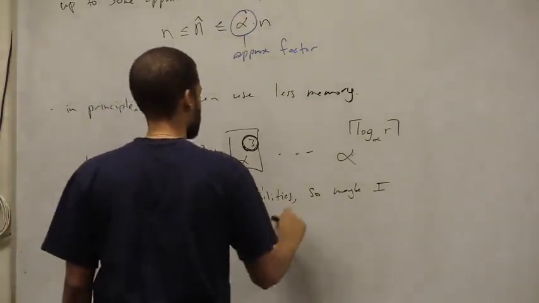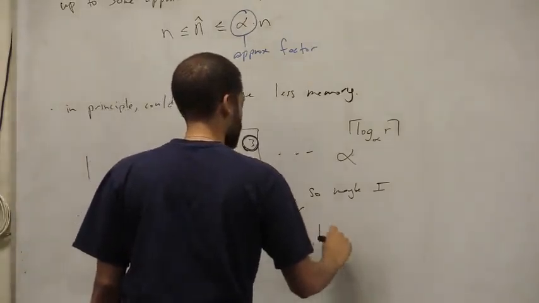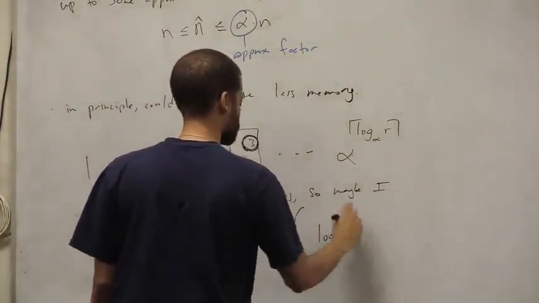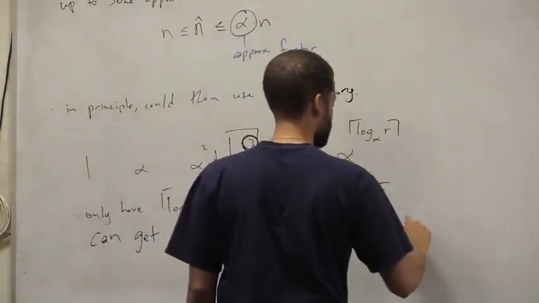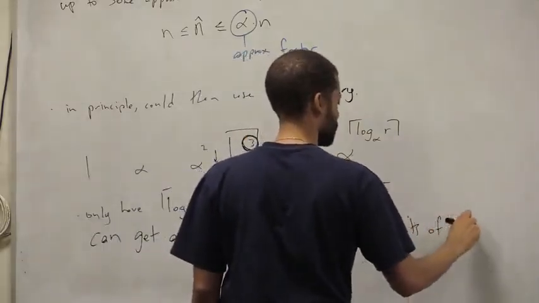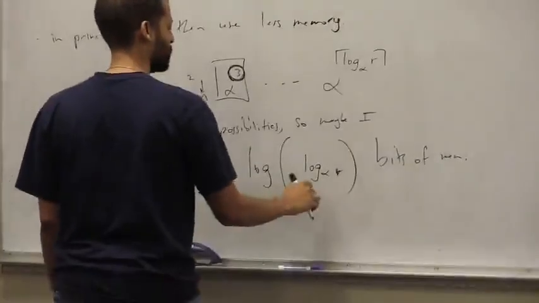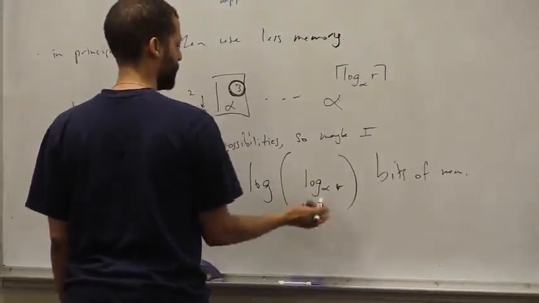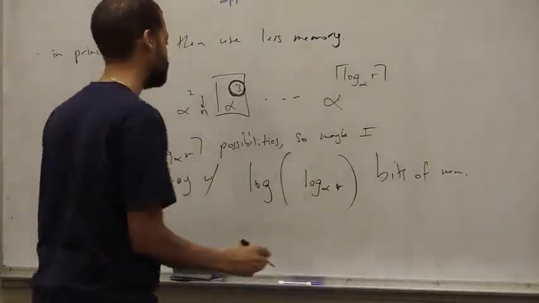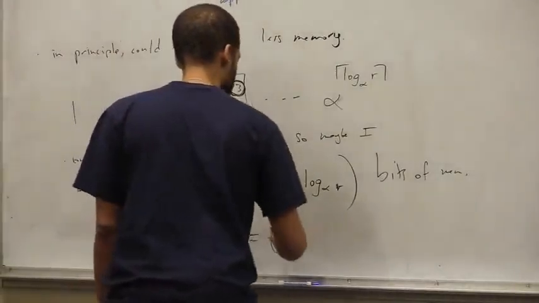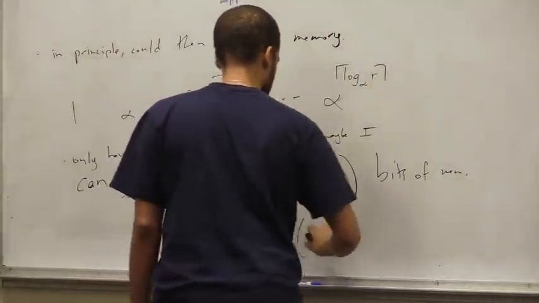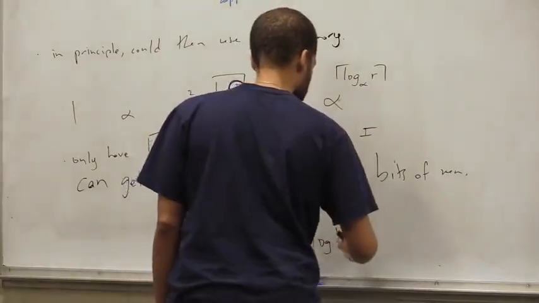Log of log base alpha of r bits of memory, which, if you think of alpha as being a constant, is O of log r bits.